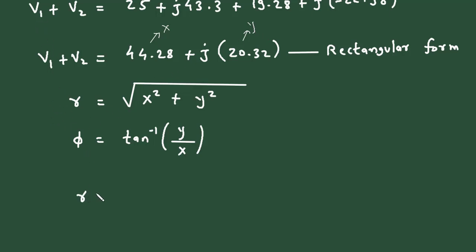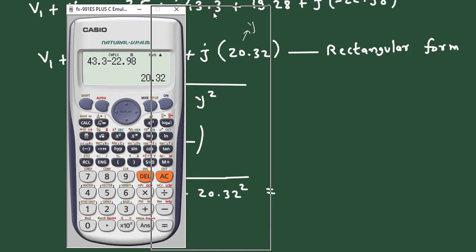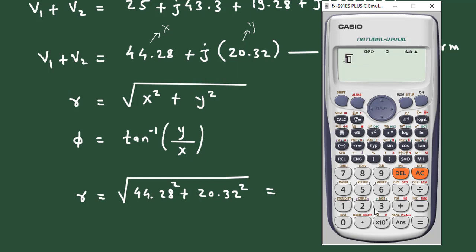So therefore, R is equal to under root of 44.28 square plus 20.32 square. So it is equal to 48.71.